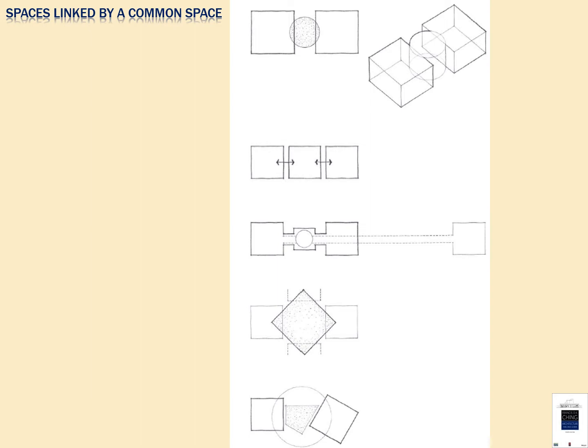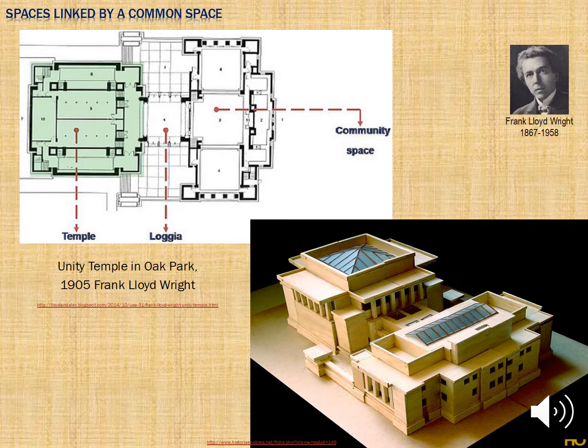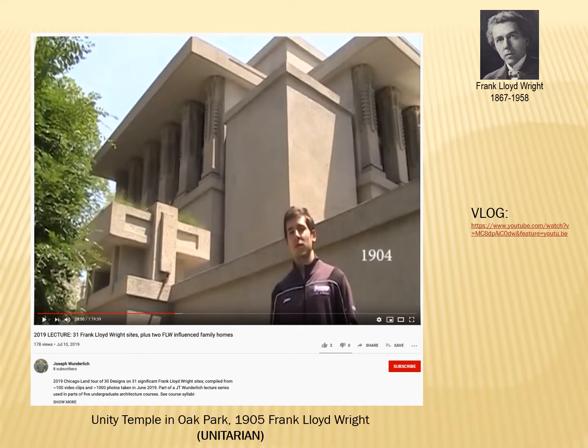Let's take a look at spaces linked by a common space. Here you can see the space defining the connectivity between these two spaces, the loggia in the middle, connecting the temple on the left and the community space on the right. And here is a video log of the temple, part of a video lecture.